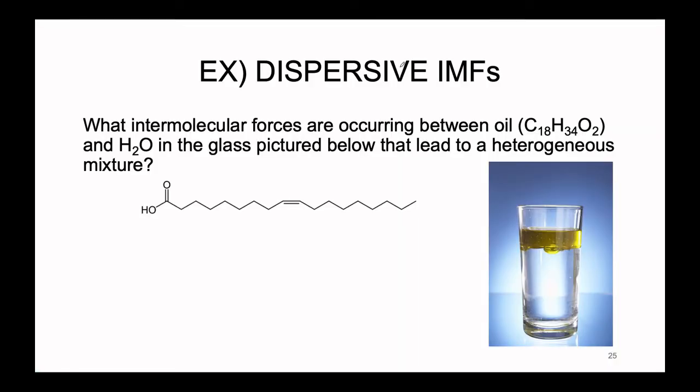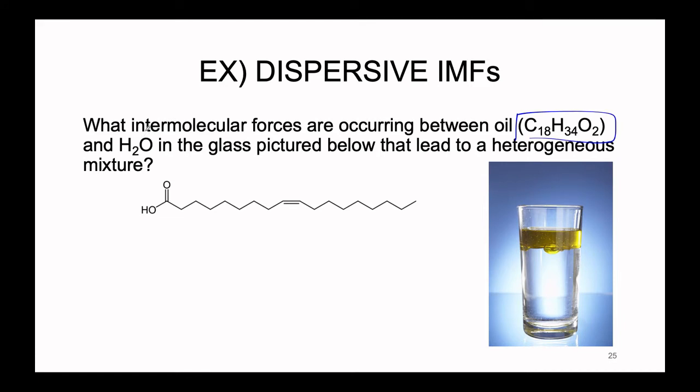Dispersive intermolecular forces can at times be competitive with electrostatic intermolecular forces, things like dipole-dipole or hydrogen bonding interactions. So for example, if I ask you what intermolecular forces are occurring between oil, and here we can see the chemical formula, I believe this is for canola oil, and water.